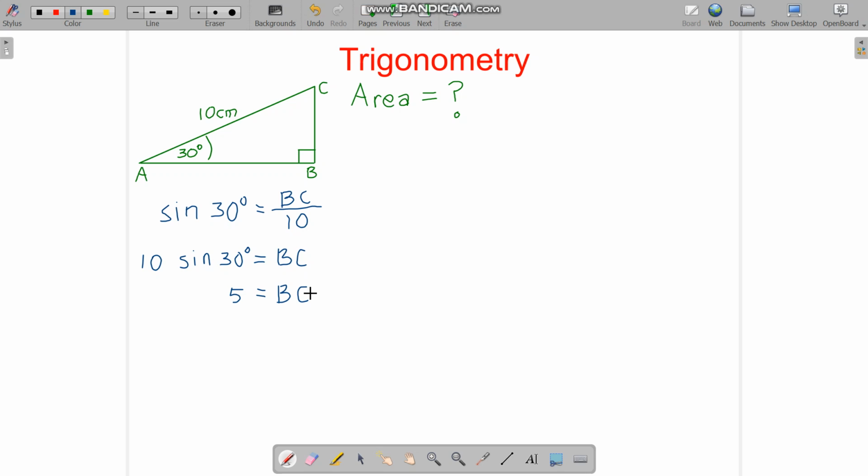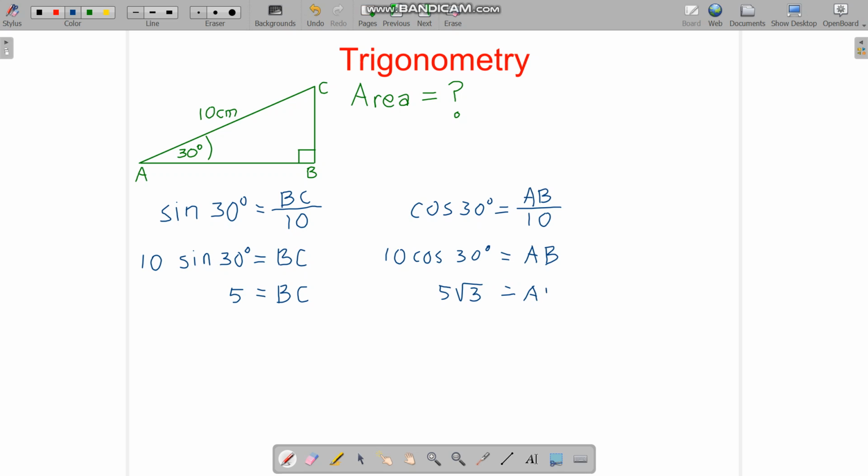We can do the same thing for AB using cos 30 degrees equals adjacent over hypotenuse. The adjacent side is AB, the hypotenuse is 10. We multiply both sides by 10 again, we get 10 cos 30 degrees equals AB, and if we use a calculator, we'll get 5 root 3.